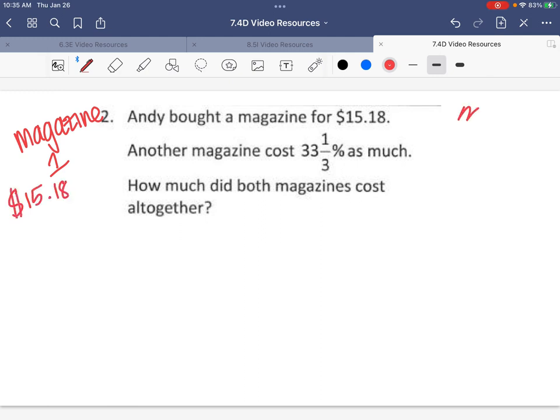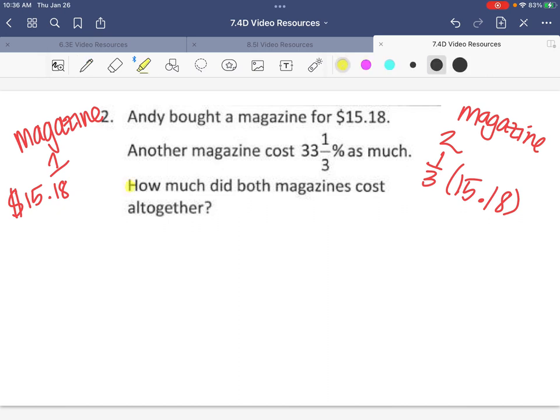And then he bought magazine 2, which was 33 1/3%, which I know is 1/3. So 1/3 of $15.18. And we want to know what they cost all together.